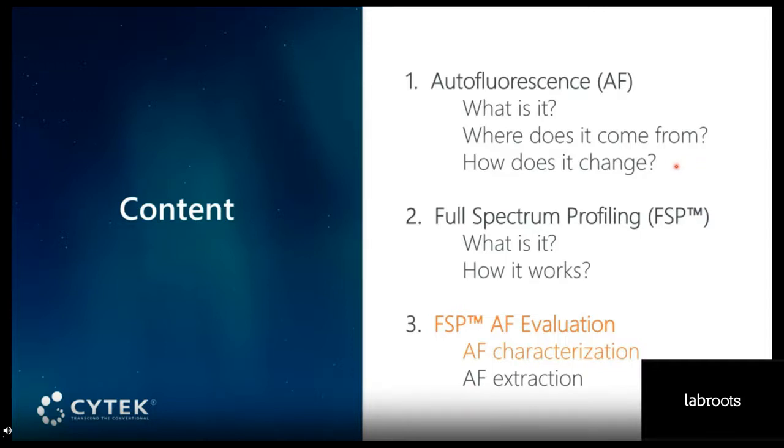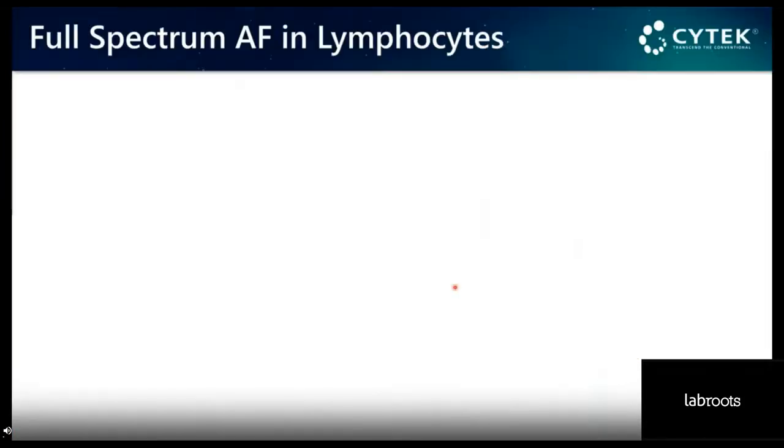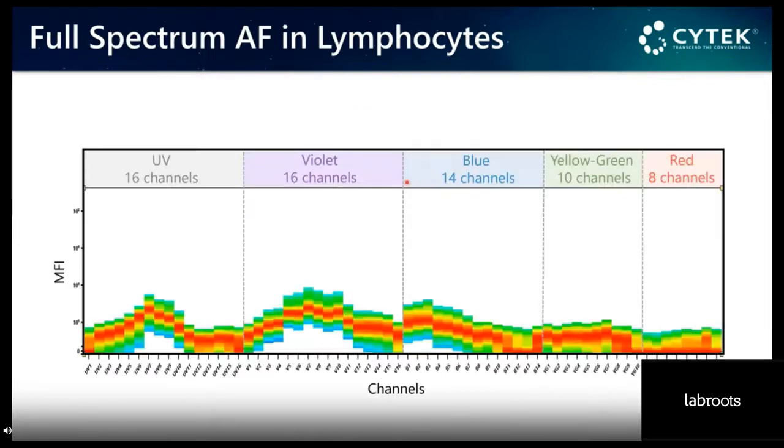Now, let's focus on extraction or autofluorescence characterization using full spectrum profiling. I'll show you how we do it. From now, we'll be seeing mainly unstained cells, again, because we want to understand that intrinsic emission of light, or the autofluorescence. If I show you lymphocytes and the autofluorescence, this is how they're going to look across all the modules in the instrument and across all the excitation and potential emissions in different wavelengths within each module.